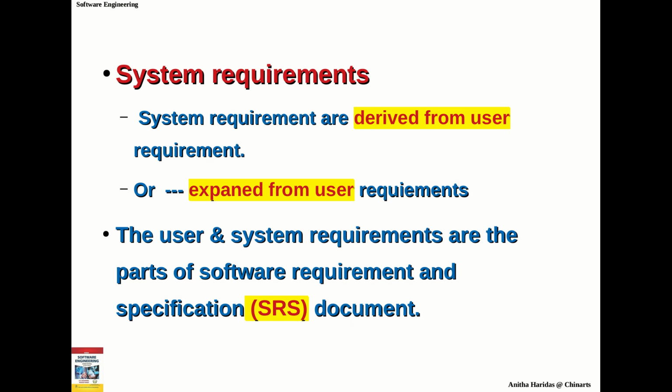Then it becomes a system requirement, right? It is one of the physical equipment or hardware which you require for satisfying the attendance management system. That is why we say system requirements are generally derived from the user requirements.